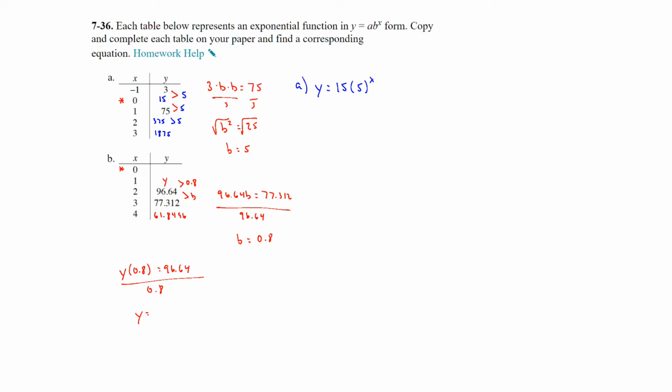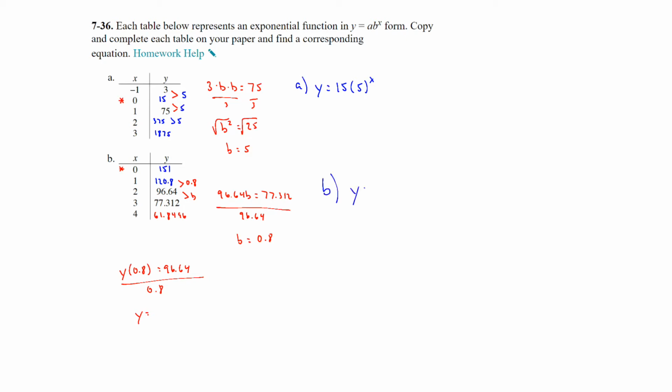So 96.64 divided by 0.8 will give us 120.8. So I'm going to take this y out and write it as 120.8 for x equals 1. And then you can take 120.8, divide it by 0.8 again, and you'll get 151. So there's your initial. You have your multiplier as well.